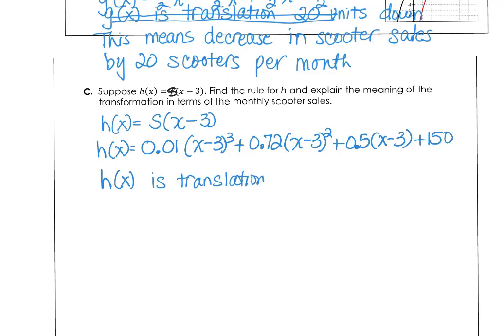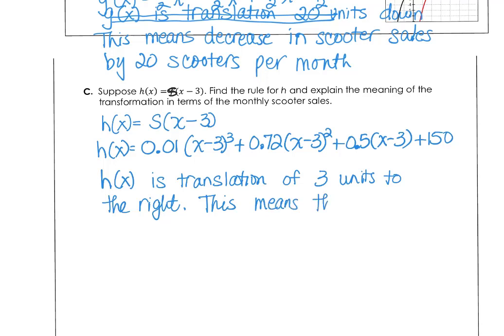And if you looked back at our graph, the x-axis represents the months for the number of scooters sold. So we shifted 3 units to the right. And by moving to the right, January, February, March, that would tell us that we have the sales for the number of scooters.